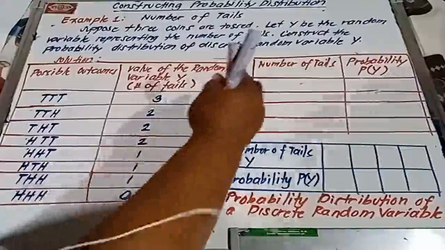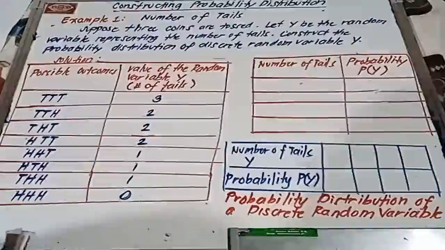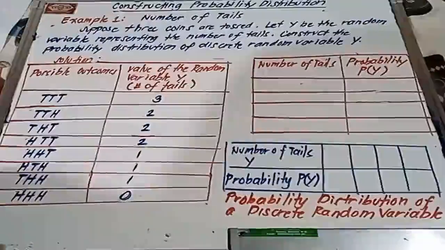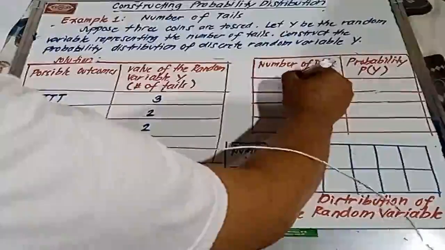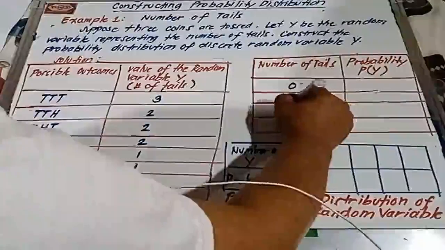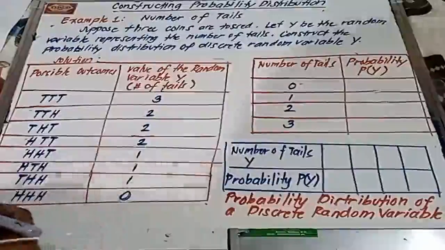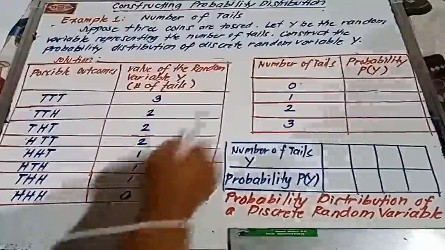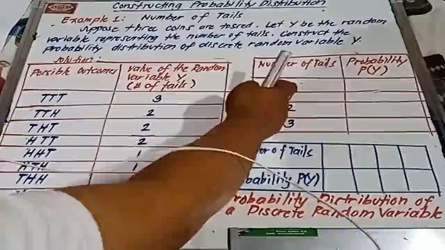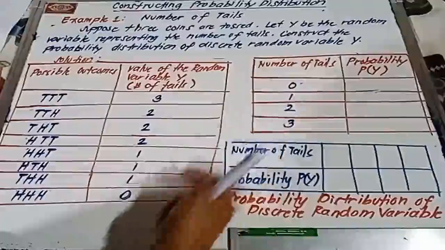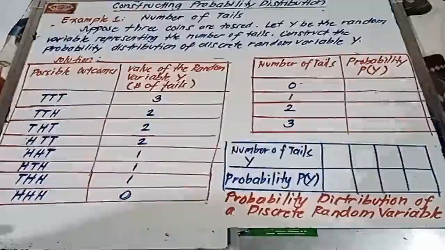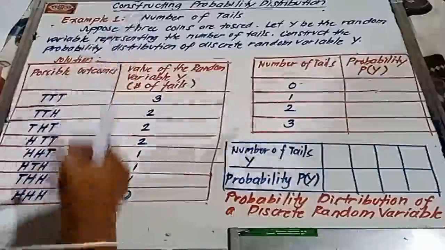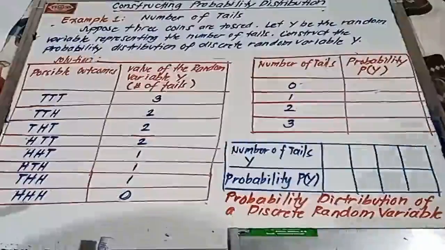So, ilalagay natin yon dun sa ating second table. Okay, we have 0, 1, 2, and 3. At kukunin natin yung probability that 0 will occur, 1 will occur, 2 will occur, and 3 will occur dun sa ating random process na tossing 3 coins.